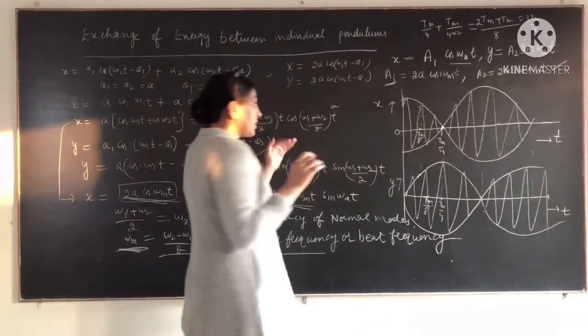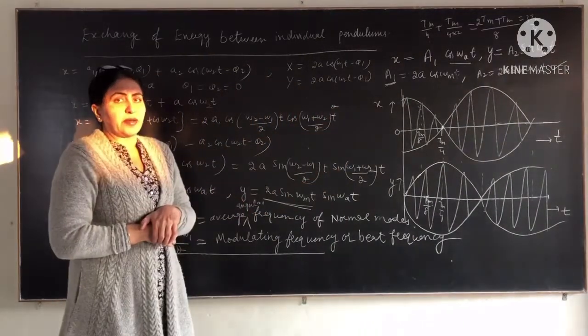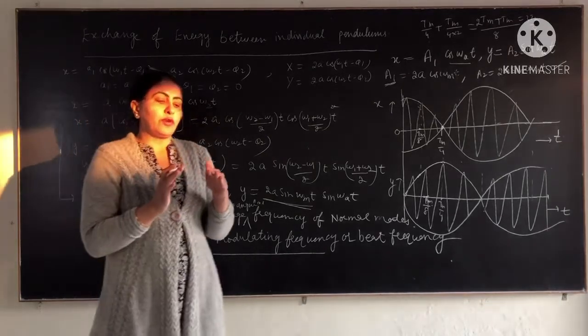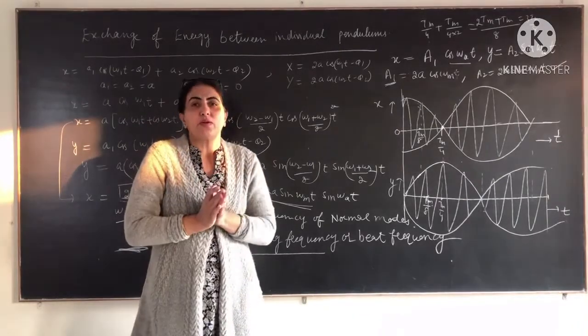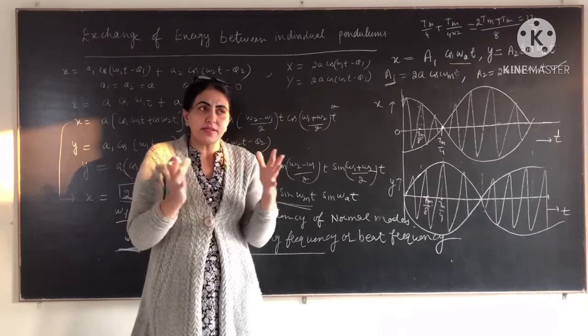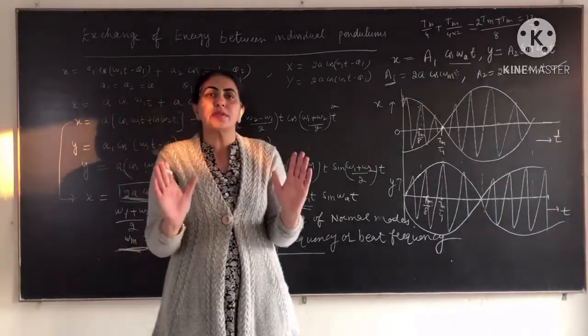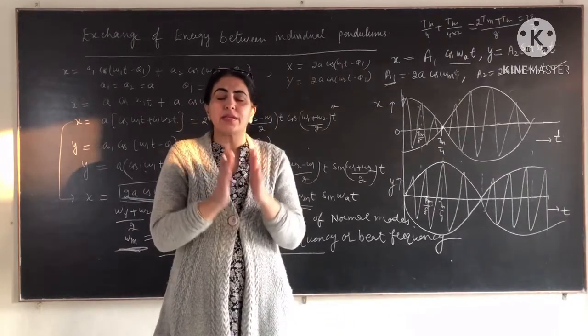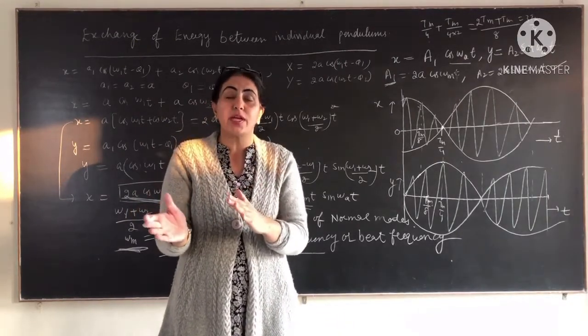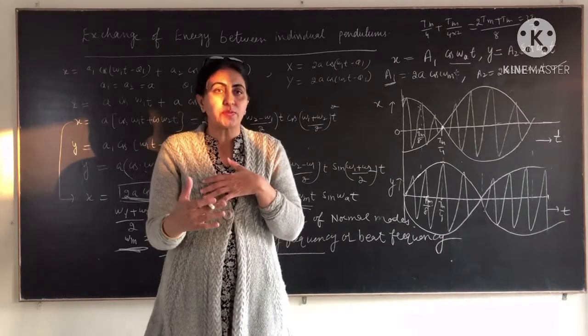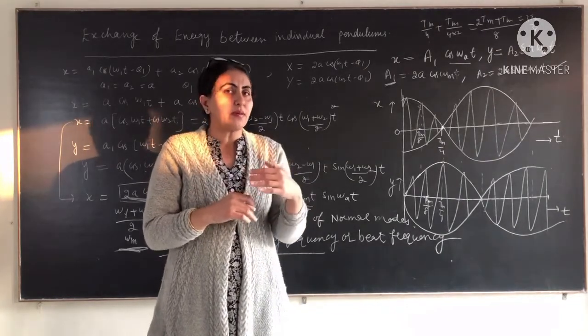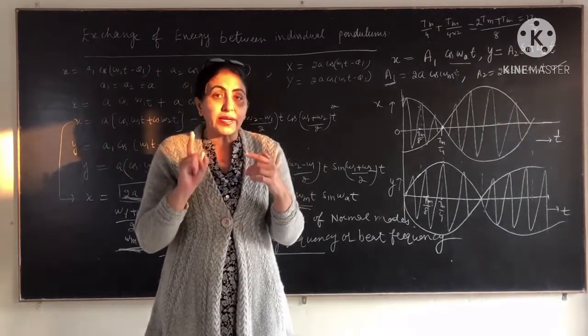So what you see from this diagram is that first of all we suppose that the whole of the energy is exchanging between the two pendulums. There is a driven system and driving system, but we can't distinguish between them. So pay attention.